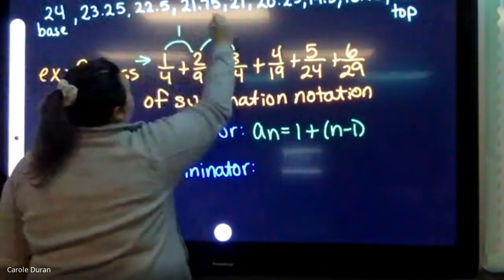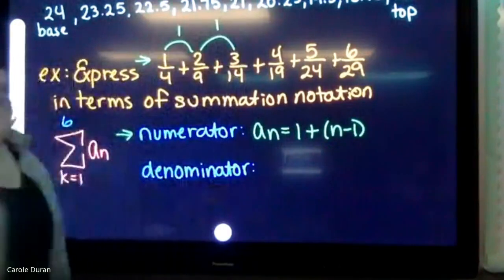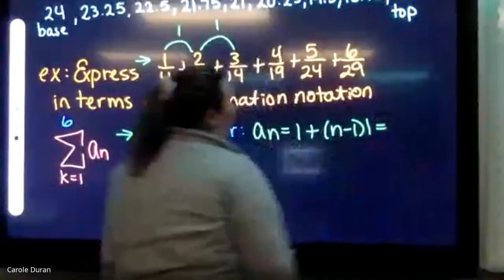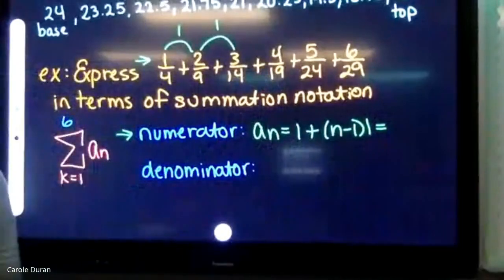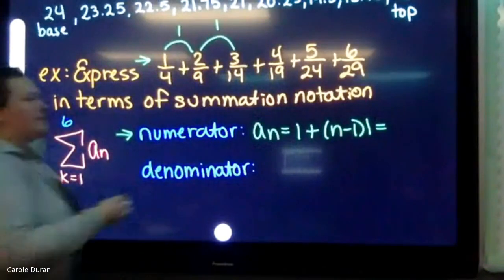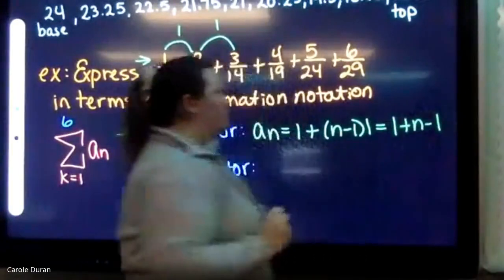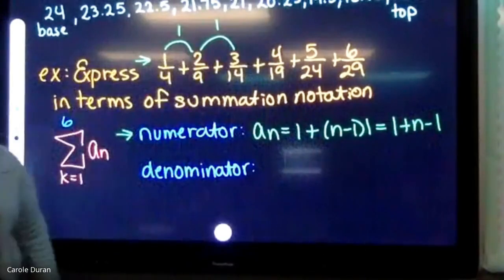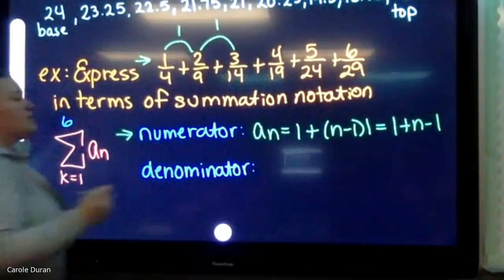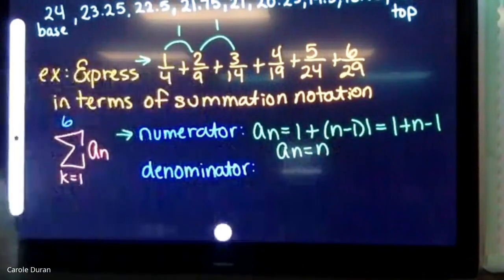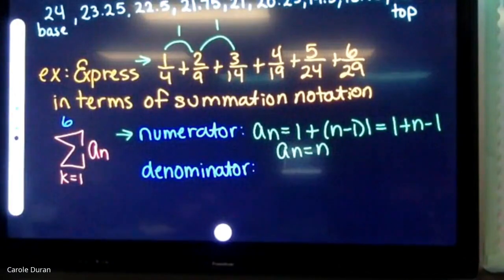From term 2 to term 3, I added 1. From 3 to 4, I added 1. So that means that my common difference is also 1, which allows me to simplify that into something really easy to work with. When I simplify it, I get 1 plus n minus 1, which simplifies into just n. So my nth term rule for that numerator is just A of n equals n. That was really, really easy.